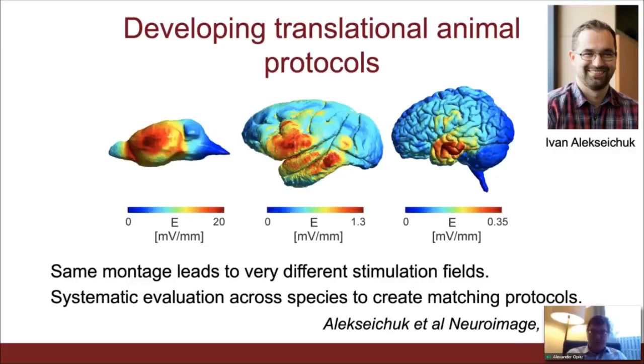If you just would apply, say, 1 milliamp stimulation at the scalp level, what you see there is a range of a factor of, say, 60 from the mouse or rat model to a human. And so the non-human primate is somewhere in between. It's still somewhat higher than a human, but already quite close. And so this characterization allows us to develop protocols or apply dosing in a way to get translatable protocols.